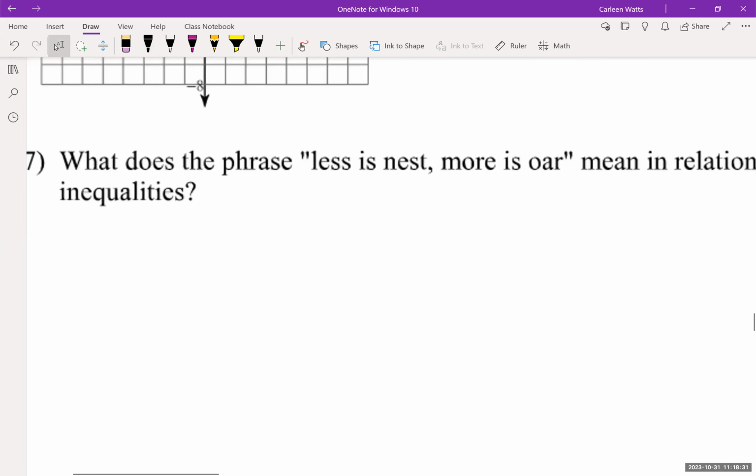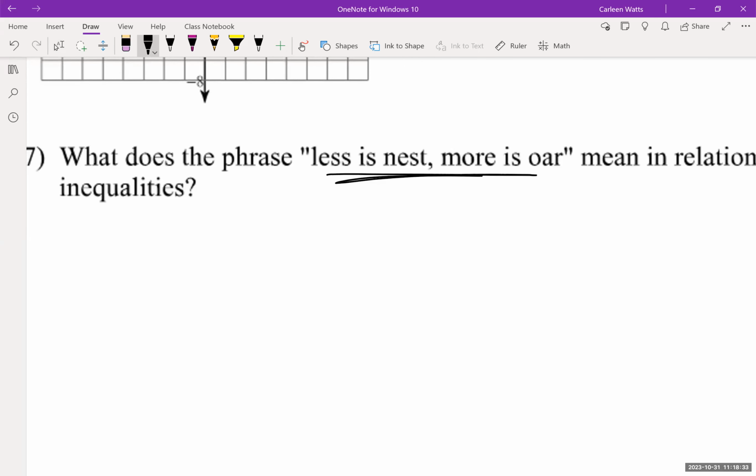Okay. So less is nest, more is or. One of the videos in the notes, the guy says, less is nest, more is or. Less is nest.